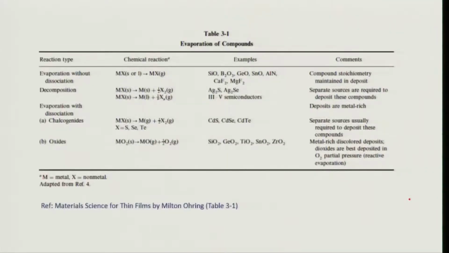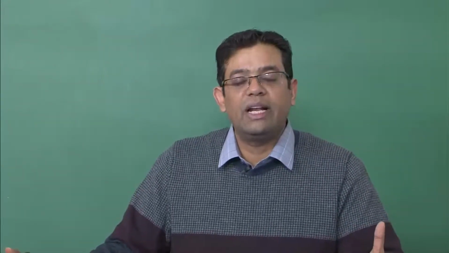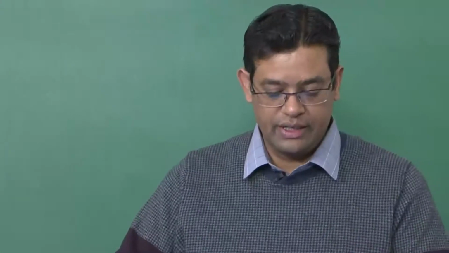Now, that was about metals. What about compounds? When you melt a compound, it is more likely to break down or dissociate. So, some materials can go to vapor phase without dissociation.